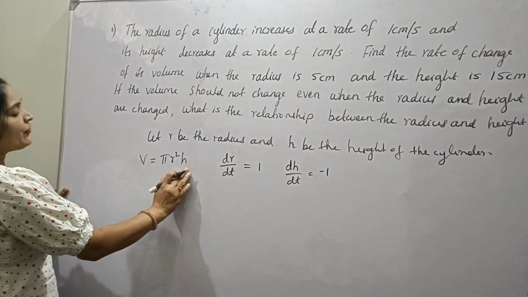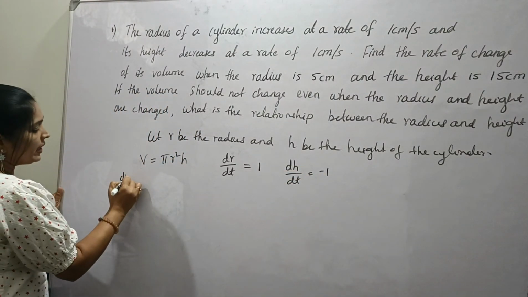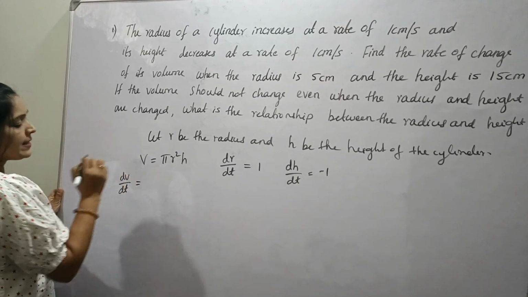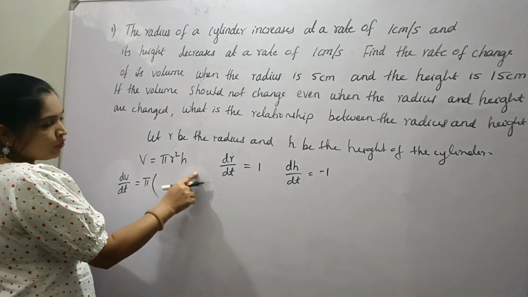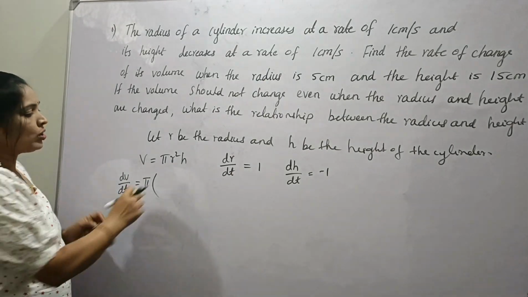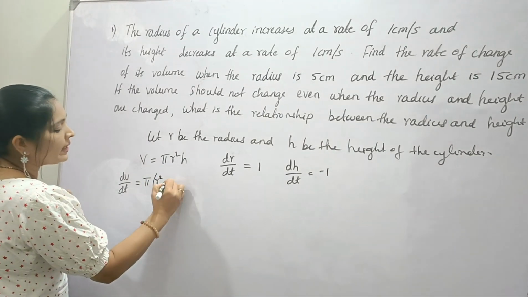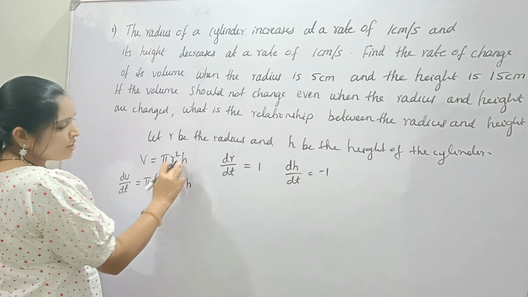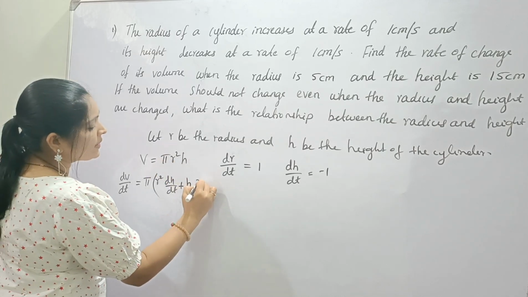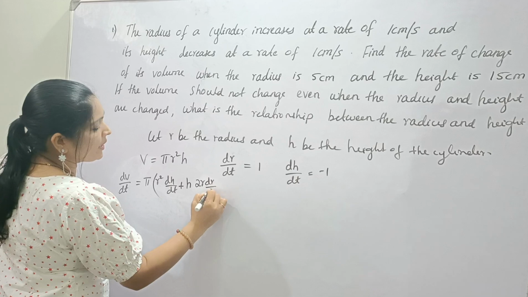Now let's differentiate it with respect to t. dV by dt is equal to pi, which is constant, then the product of two functions, let's apply the product rule: r square into dh by dt plus h into the derivative of r square with respect to t, that is 2r into dr by dt.